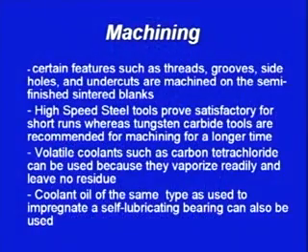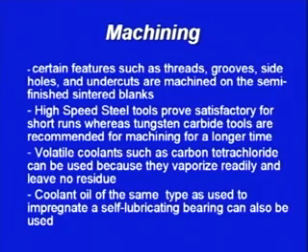Now, coming on to machining. Machining is another optional process. If required we can go for machining, and if not required we can avoid the machining process also. Certain features such as threads, grooves, side holes and undercuts, which are present in the final powder metallurgy part, can be machined on the semi finished sintered blanks. Similarly, high speed steel tools prove satisfactory for short runs, whereas tungsten carbide tools are recommended for machining over a longer time.